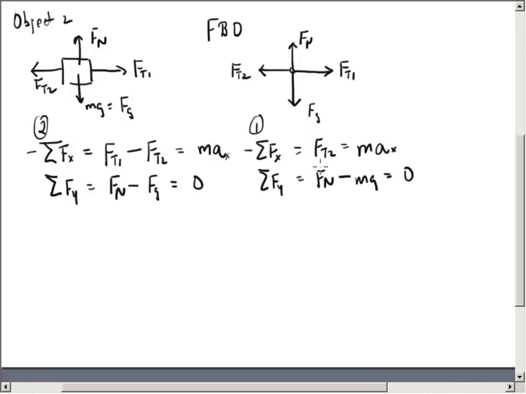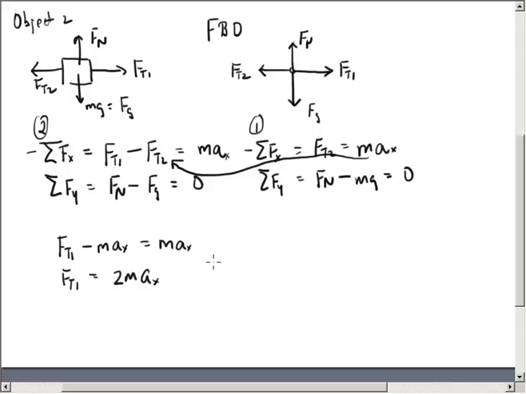So we can use Ft2 and substitute into Ft2 here the mass times the acceleration. So now I have that Ft1 minus max equals max, and we find out that Ft1 will be equal to 2max.